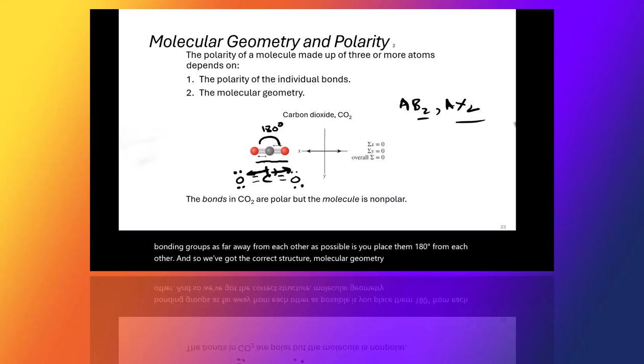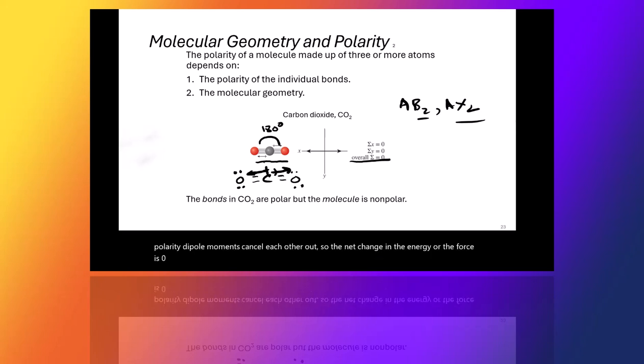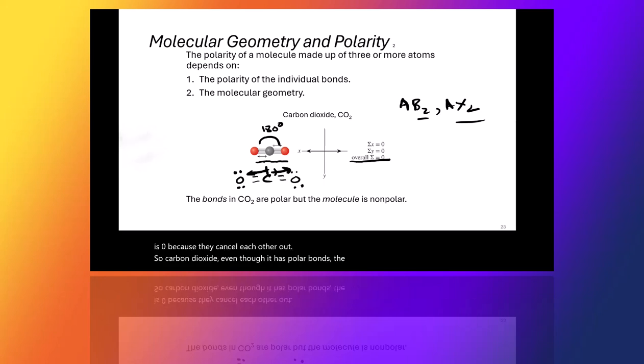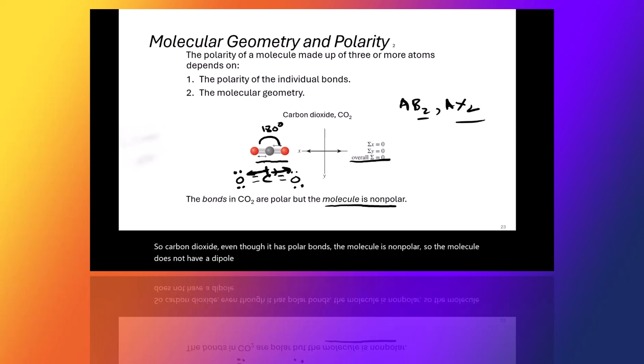And you can see that these bond polarity dipole moments cancel each other out. So the net change in the energy or the force is 0 because they cancel each other out. So carbon dioxide, even though it has polar bonds, the molecule is nonpolar. So the molecule does not have a dipole moment, and it is a nonpolar molecule.